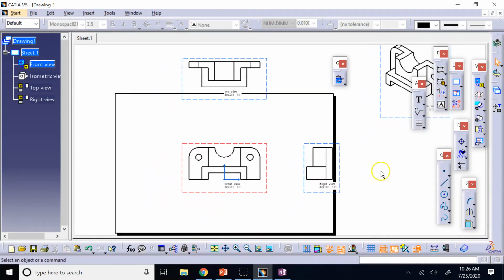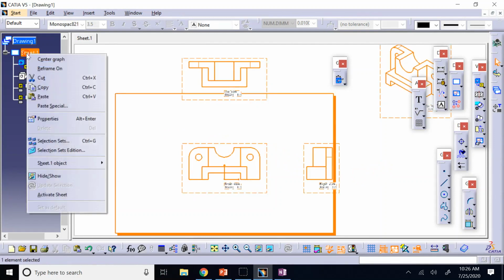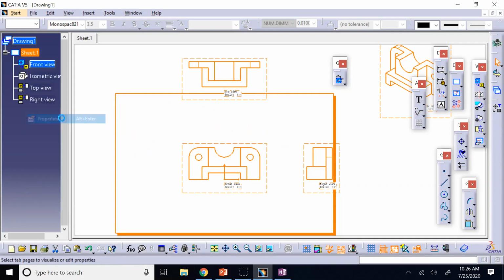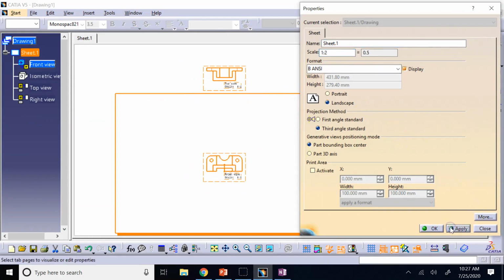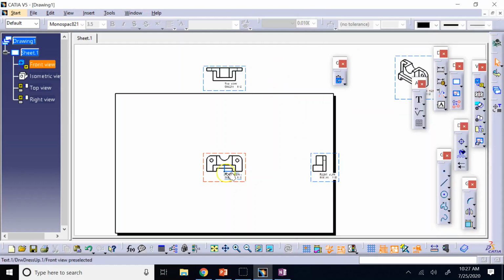And then we can resize all of these views to fit them all inside the printing area. Right, so you see the size is 1:1. If we make it 1:2, probably we can get everything easily fit in.